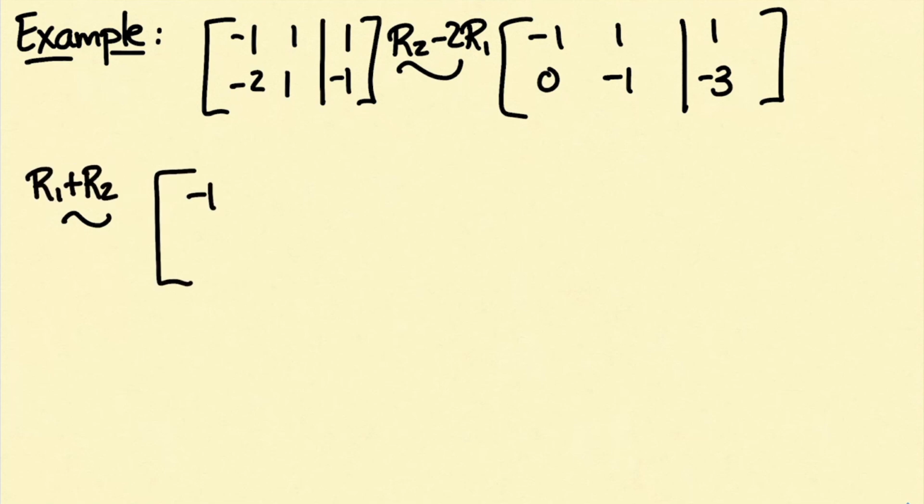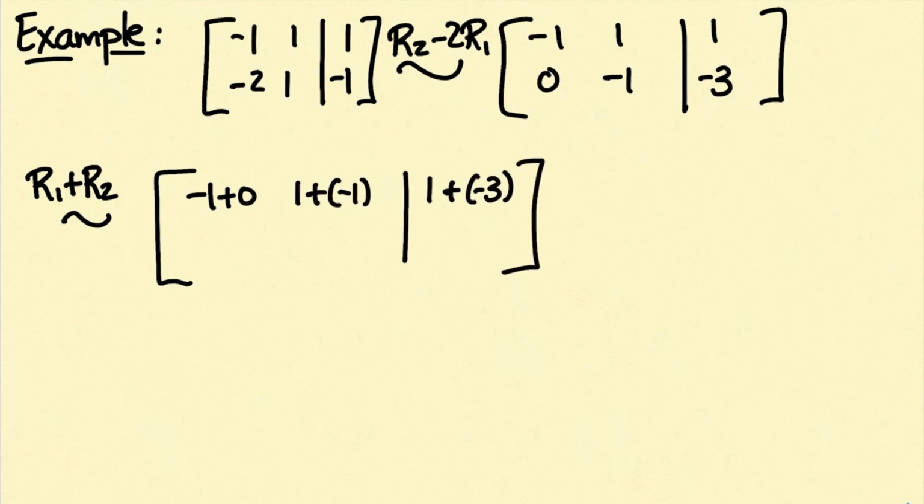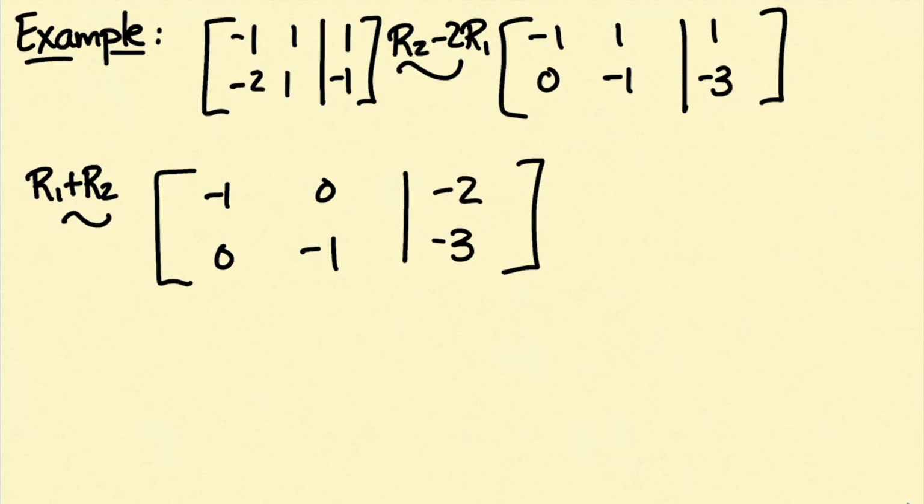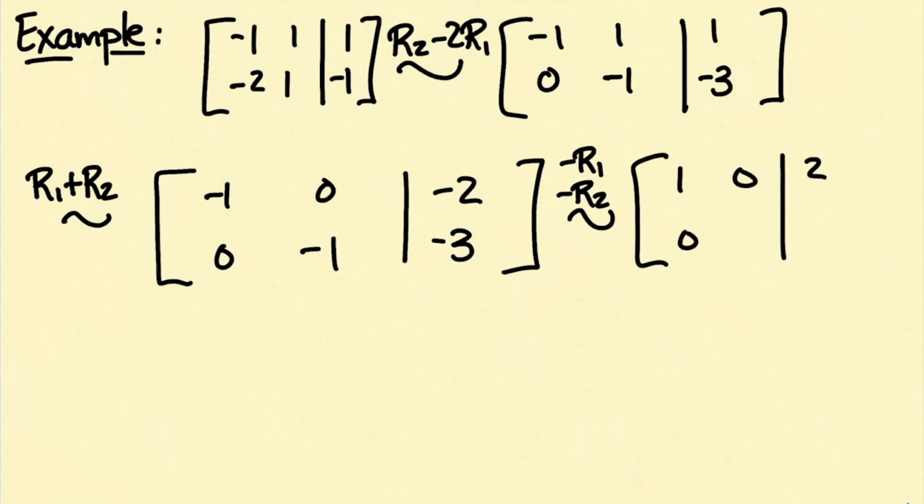So in the top row, we get -1 plus 0, 1 plus -1, and 1 plus -3. The first one obviously is -1. The second entry is 0. The third entry is -2. So finally, we can scale the first row by -1 and scale the second row also by -1.